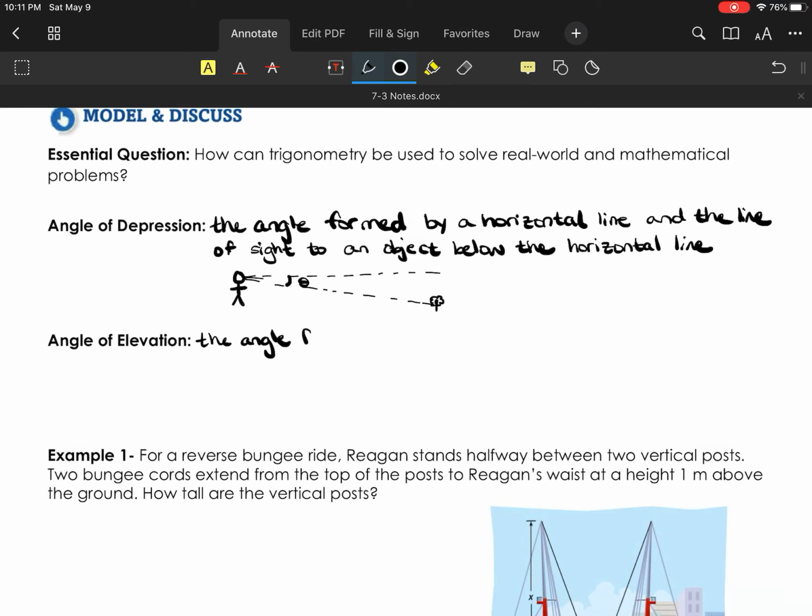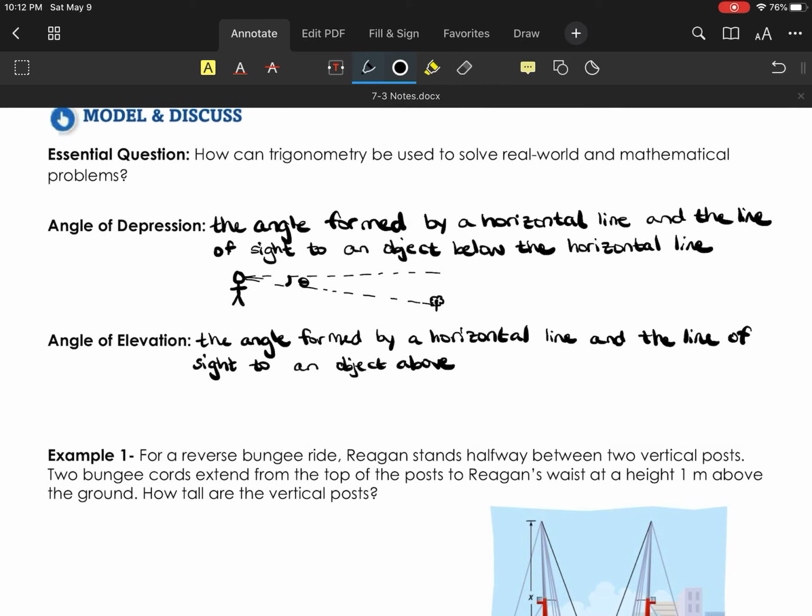Then you have the angle of elevation. Here's the definition. Angle formed by a horizontal line and the line of sight to an object above the horizontal line.